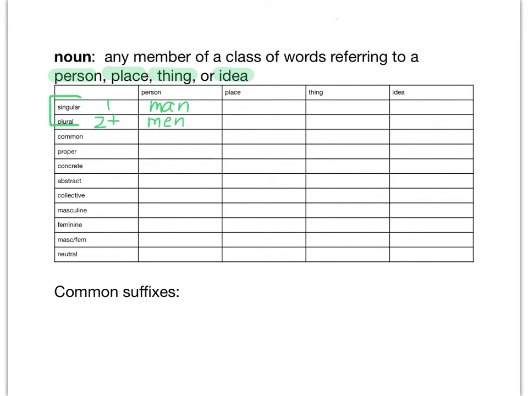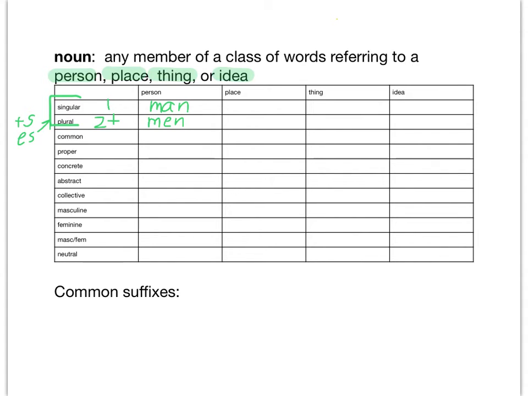So very often when we think of plural, we add s or es to make a noun plural. We do have the unusual ones like men and children and moose, or mouse and mice, but for the most part, when we take a simple noun and we want to make it go from singular to plural, we add s or es.